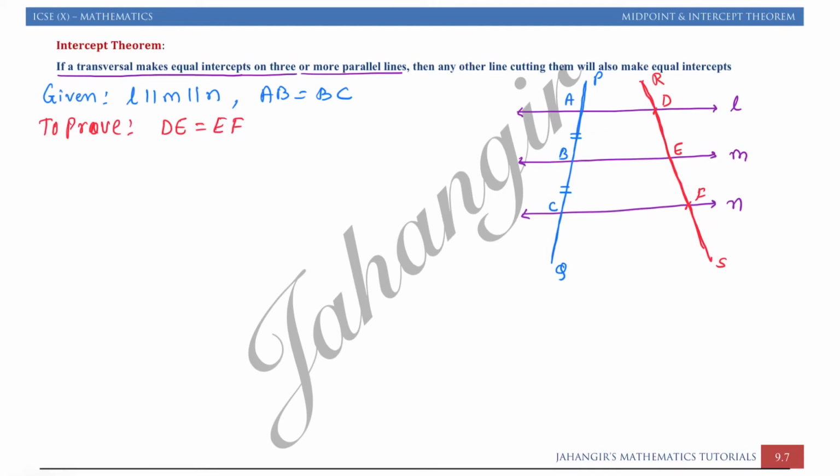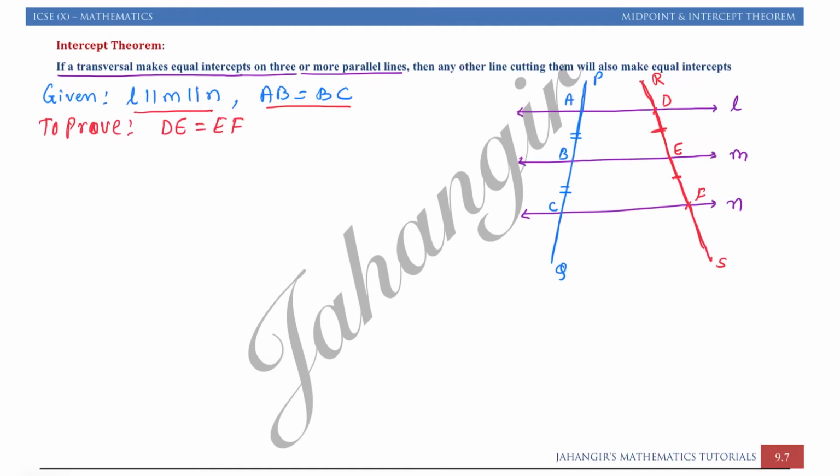So this is the given part: if all three lines are parallel and one transversal cuts equally, then any other line will also cut in the same manner. That is, if PQ intersects the lines at A, B, C and AB is equal to BC, then RS is another line which cuts them at D, E, F. So therefore we can say DE is equal to EF.